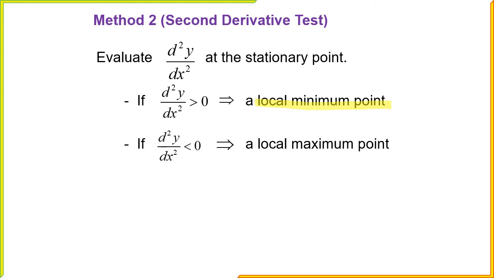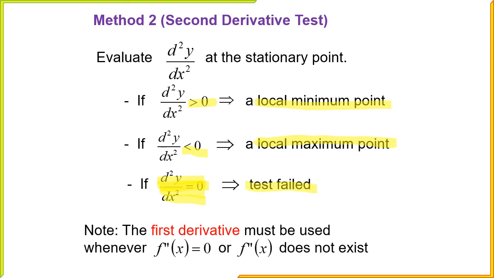But if we substitute and get less than 0, which is a negative value, we get a local maximum point. If d2y/dx squared equals 0, the test has failed.